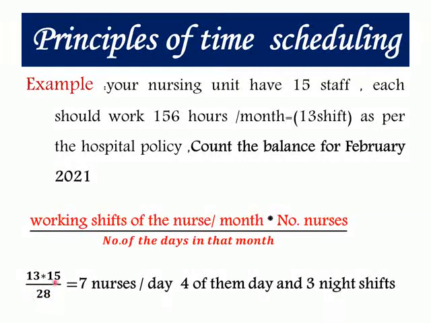Month February, 28 days. The result equals 7 nurses per day, as you have 2 shifts, night and long. 4 of the staff work day shift and 3 of them night shift.